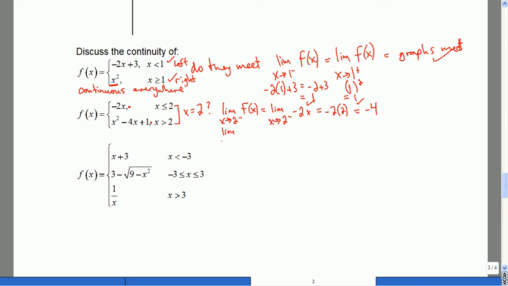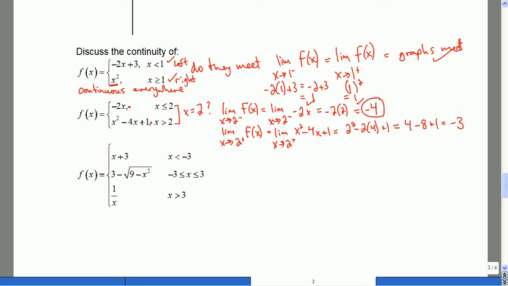And if I look at the limit as x goes to 2 from the right of f of x, this time I'm looking at the limit as x goes to 2 from the right of x squared minus 4x plus 1. So this will be 2 squared minus 4 times 2 plus 1. So 4 minus 8 plus 1, and that looks like I'll have negative 3.